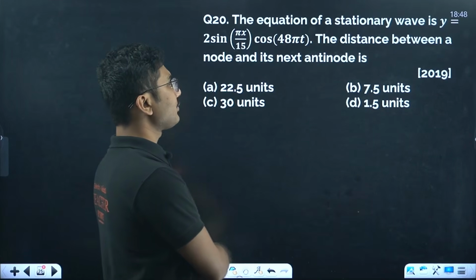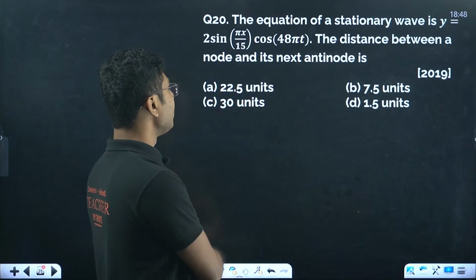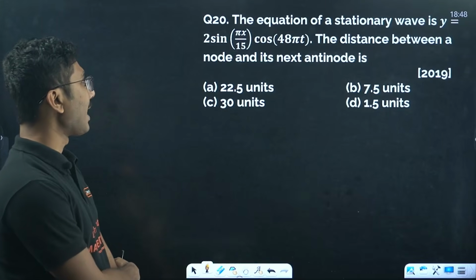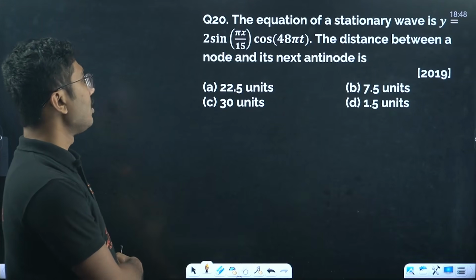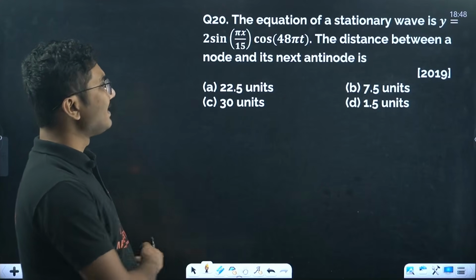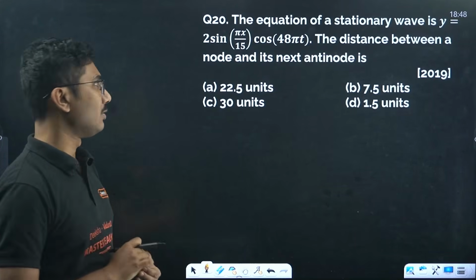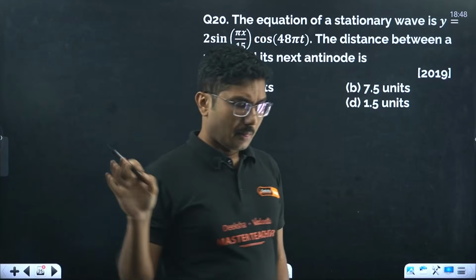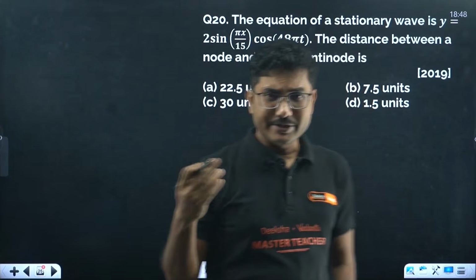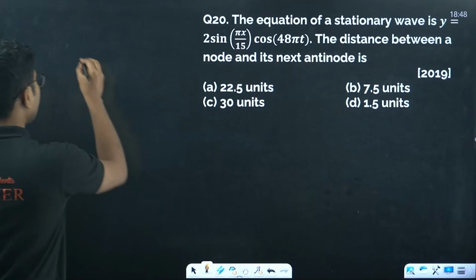The equation of stationary wave is y equals to 2 sine pi x by 15 cos 48 pi t. Here they ask the distance between node and next antinode. Now I also mentioned the formula for stationary wave wrong, so I would like to correct it.